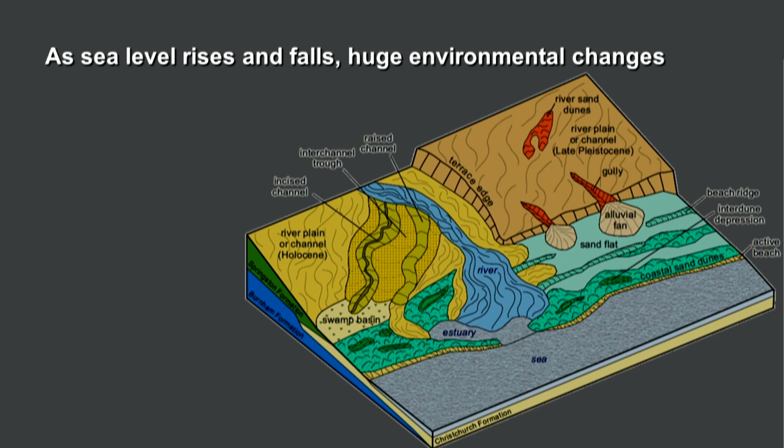And we have a whole lot of geomorphic features that occur along coastlines, and you can look at the coastline today. This diagram is actually the Canterbury region, but it sits well with what we have here on the Heretaunga Plains. And up behind the orange and yellows, these are alluvial terraces deposited by a river, which is subsequently downcut.